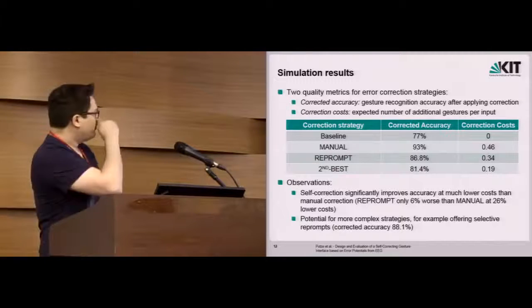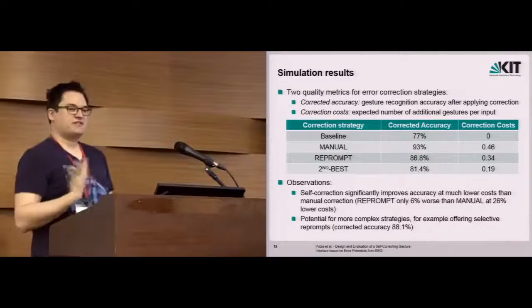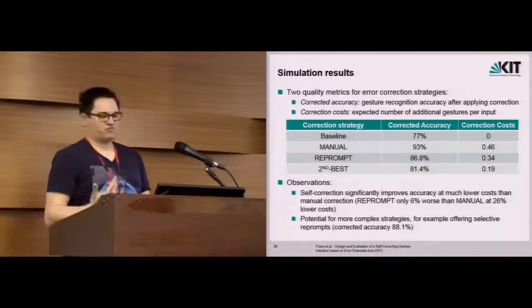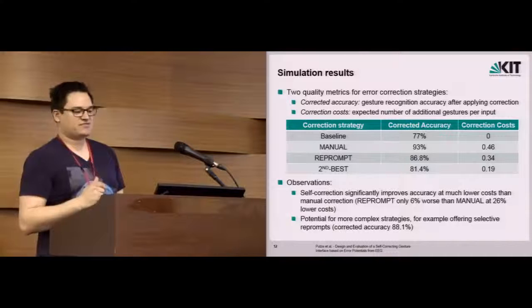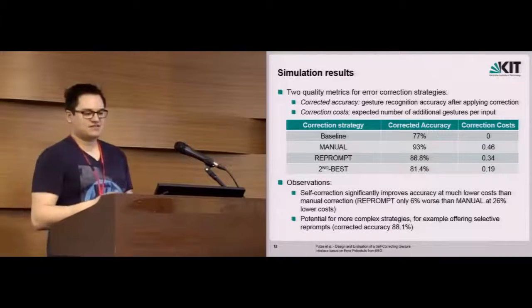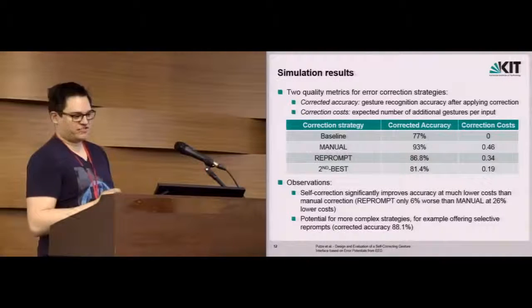But for example, if you look at the reprompt strategy, it's only 6% worse relative to manual correction, but at 26% lower costs. And looking at the second best strategy, we are still significantly better than the baseline system, but at costs which are less than half of manual correction.